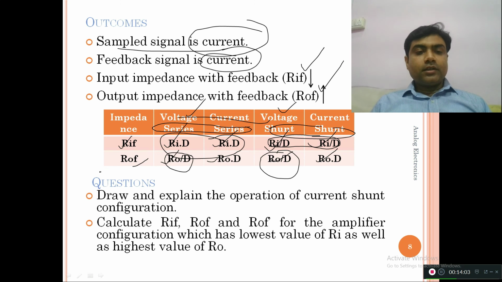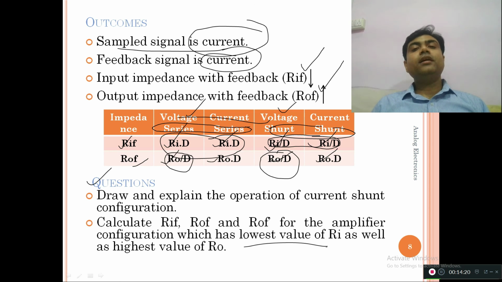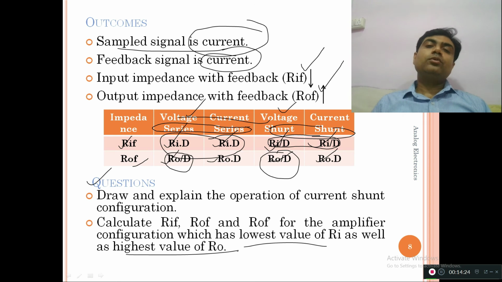Again, the questions which can arise from this particular lecture can be about the current shunt configuration: discuss the current shunt configuration and its details. They can also ask, as I already told you, this basic property: the lowest value of Ri and the highest value of RO belong to the current amplifier. They can ask you to derive the equations of RIF, ROF and ROF dash, or which has the lowest value of Ri and highest value of RO.